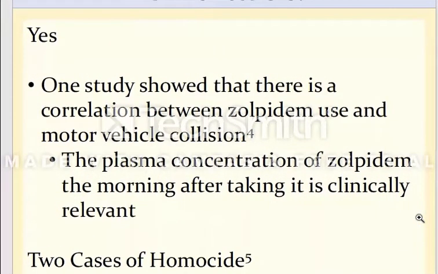They found that both elderly patients and women had a higher plasma concentration of Zolpidem than men and younger individuals.